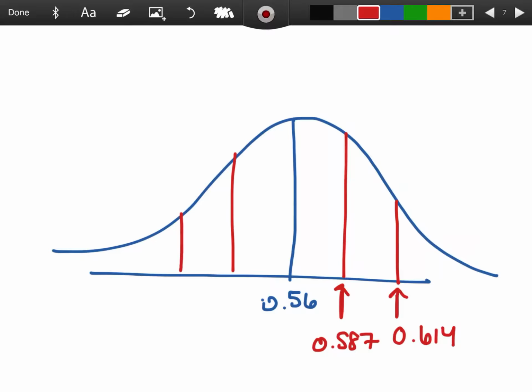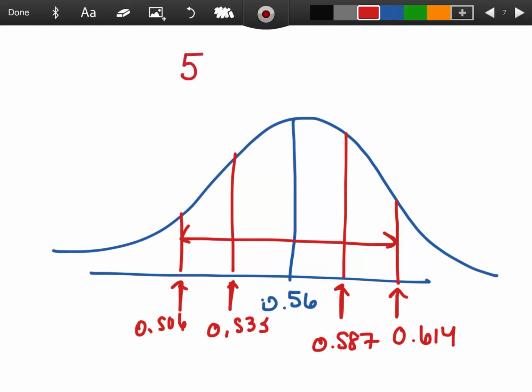I'm going to come down here, and I'm really looking for this one right here because I want to go all the way from these two ranges. I want to take 0.56 and subtract my 0.027, and I got 0.533, and subtract another standard deviation, which is 0.506.